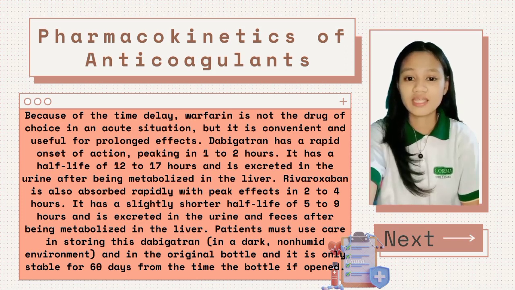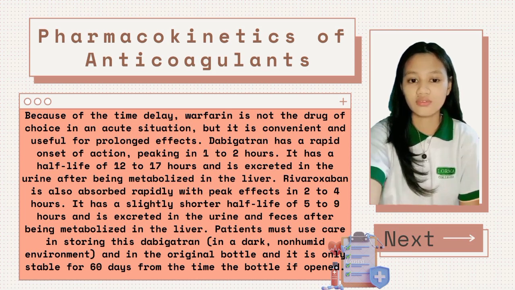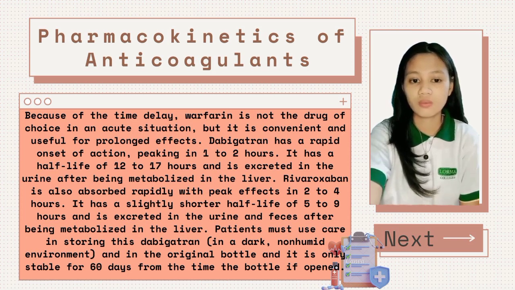Dabigatran has a rapid onset of action, peaking in 1 to 2 hours. It has a half-life of 12 to 17 hours and is excreted in the urine after being metabolized in the liver. Rivaroxaban is also absorbed rapidly with peak effects in 2 to 4 hours.